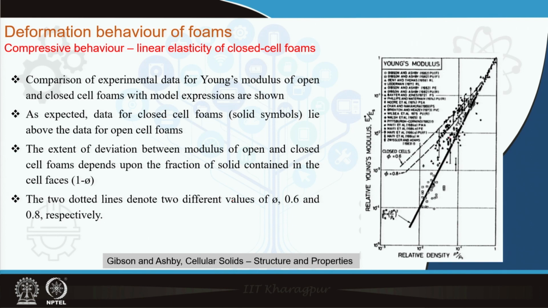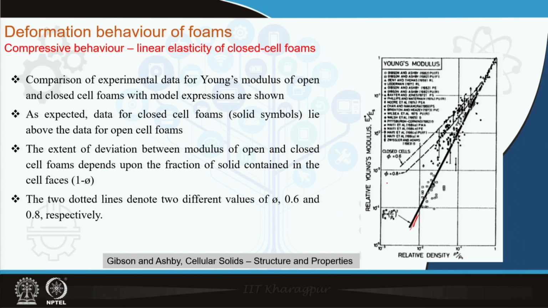So, the solid bold curve which you see over here is the expression for the open cell form, and then they have proposed two different lines for two different values of phi. As we know, phi is the parameter which predicts the amount of material in the cell edges. If phi equals 0.6, that means 60% of the solid material in the cellular solid is at the cell edges and 40% is at the cell faces.